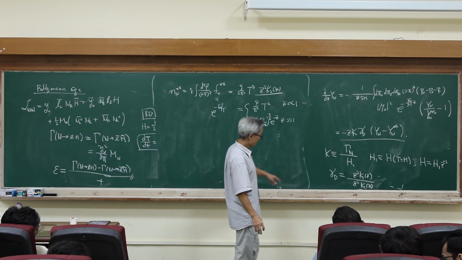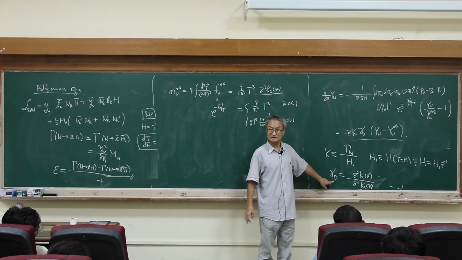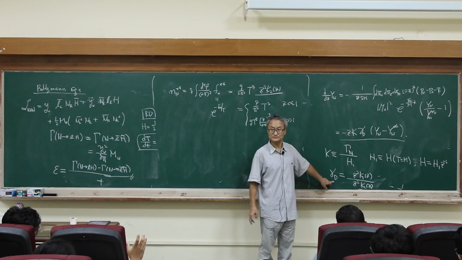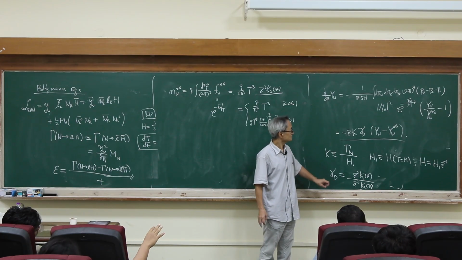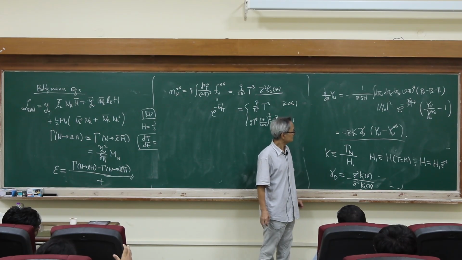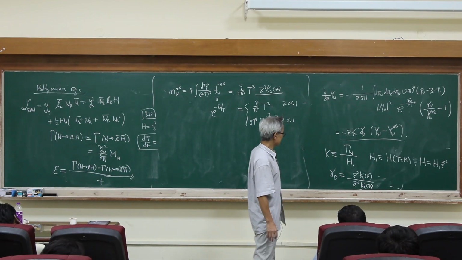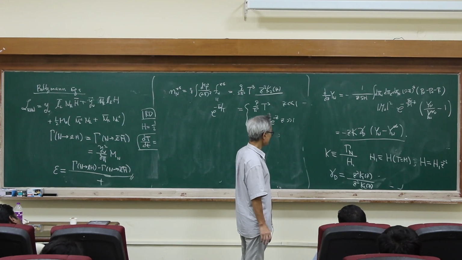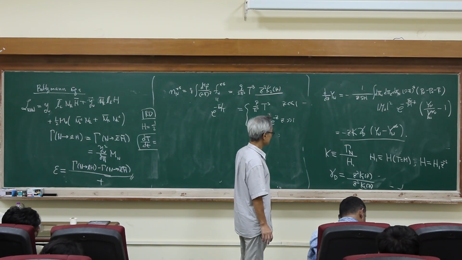No, gamma d is just a function. It's a fixed function. So if the right-hand term, 2K gamma d, is large, that means the distribution will be in equilibrium. Yeah, that's a good question.